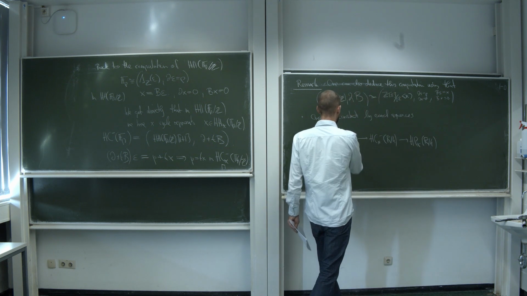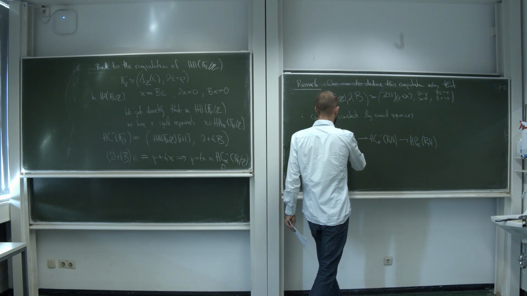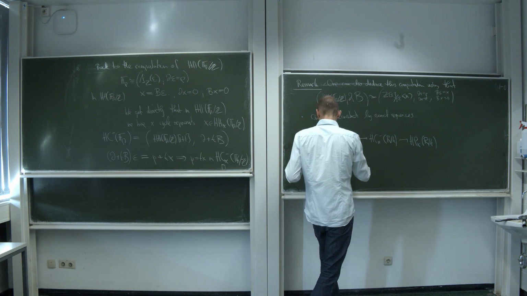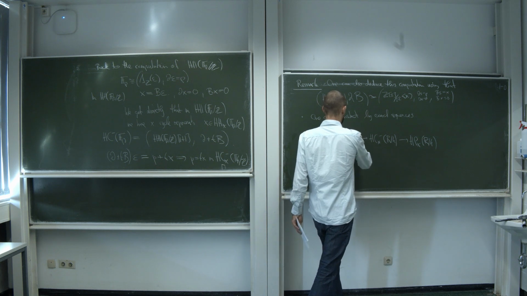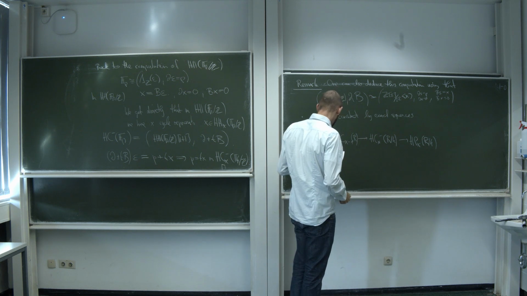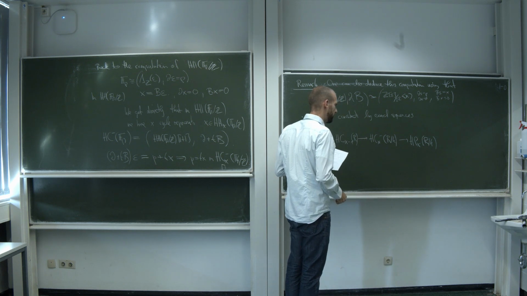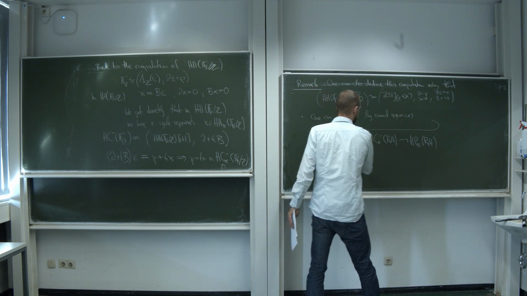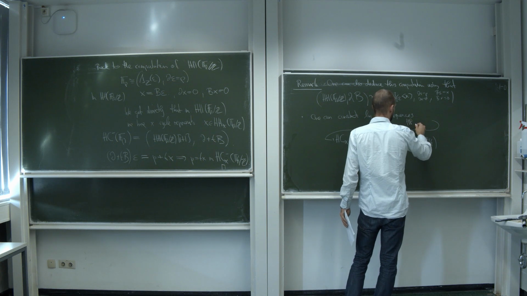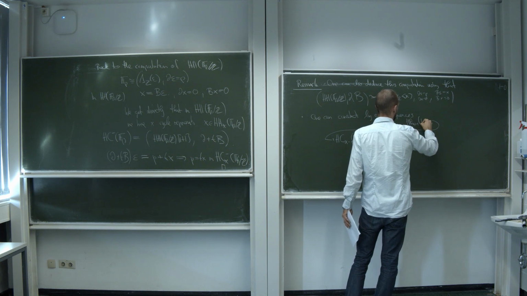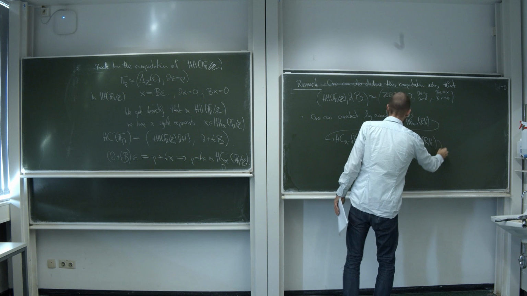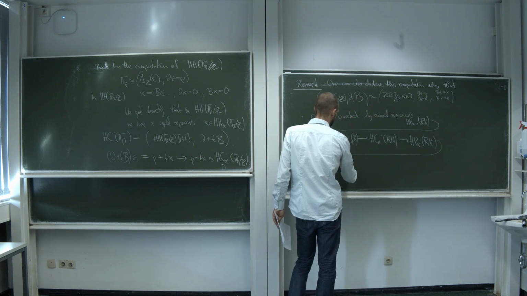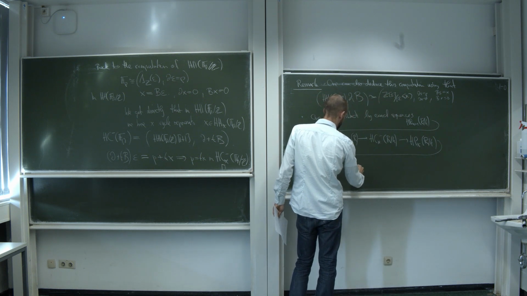And then it turns out that HC star minus 1 of R. It's the next term here. Is it minus 1? I hope it's minus 1. And then the next guy, HP star plus 1 of R relative to k. And here I continue to the next, HC star minus 2 of R.